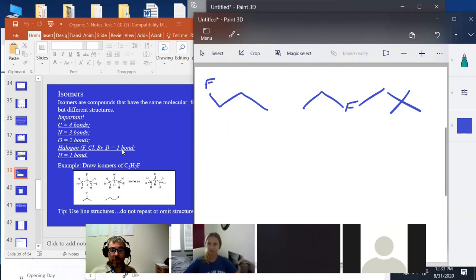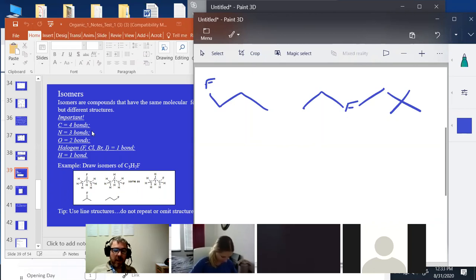I could if it was an oxygen, but I can't do it if it's a fluorine. So that's what we've got so far. But this is kind of requisite knowledge here, especially carbon, oxygen, halogens, and hydrogen. We're not going to really focus too much on nitrogen, but it does have 3 bonds, and you would have to take that into account for any isomers you were drawing for that.